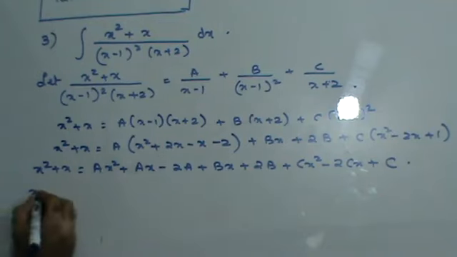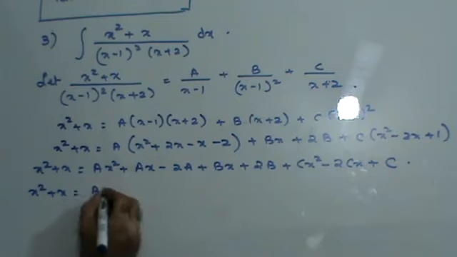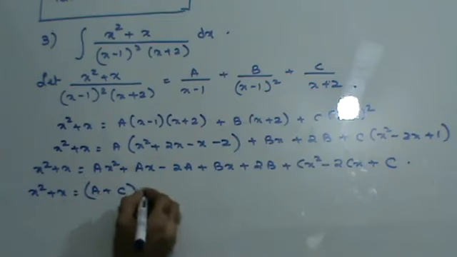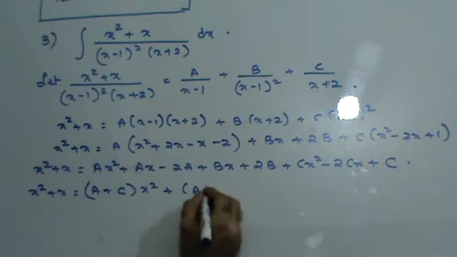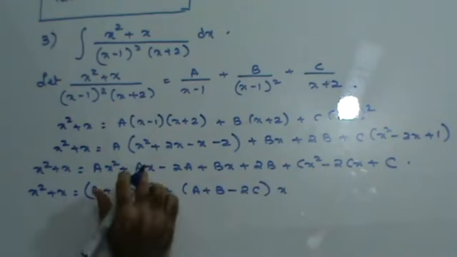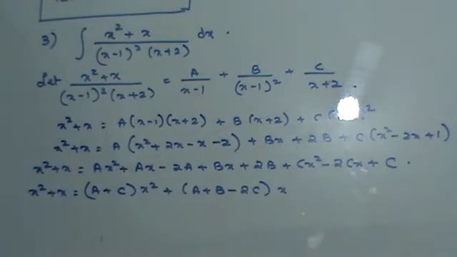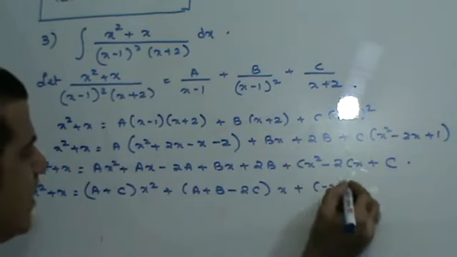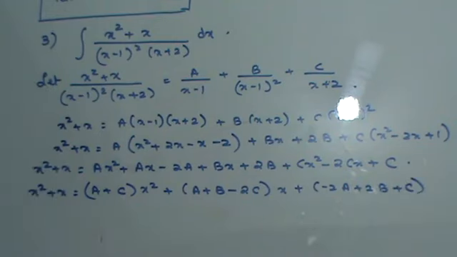Get like terms together. x square plus x is equal to a plus c x square, I'm getting the x square terms together, plus a plus b minus 2c x, plus minus 2a plus 2b plus c. So I got all the like terms together.